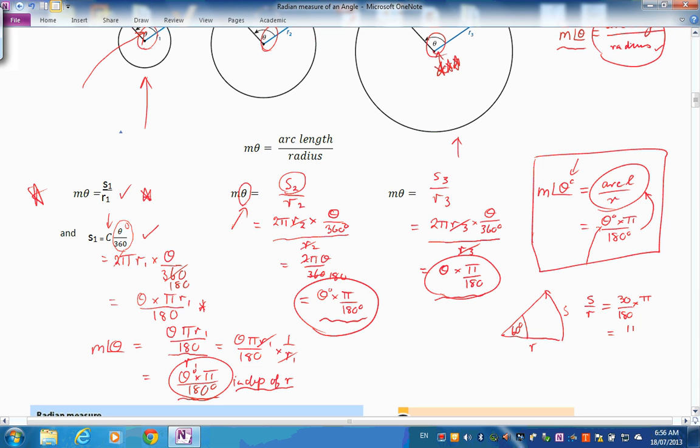So this comes to pi on 6 radians, which is really just a ratio of lengths. It hasn't got units in actual fact. When we say radians, we're talking about this form of measure. So actually the arc length for an angle of 60 is pi on 6 times r. Yes, r.